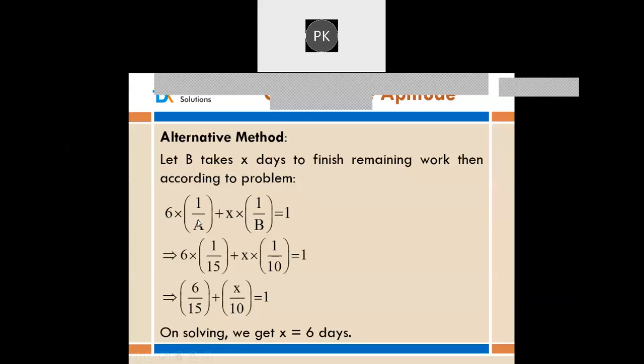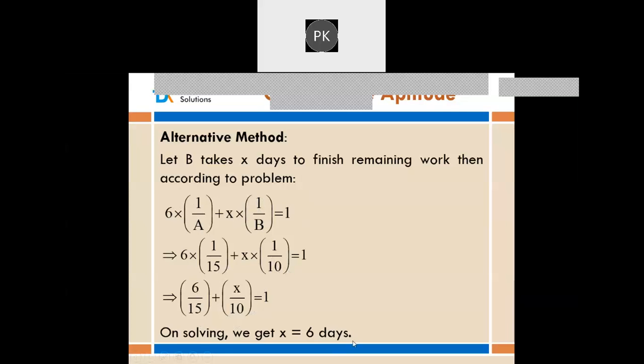So A works for 6 days and B works for X days. 1 by 15 is A's 1 day work and 1 by 10 is B's 1 day work. Substitute: 6 into 1 by 15 plus X into 1 by 10 equals 1. 6 by 15 plus X by 10 equals 1. Solve this and you will get X equals 6 days.